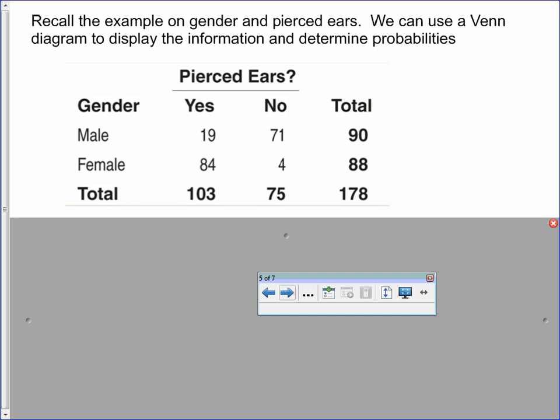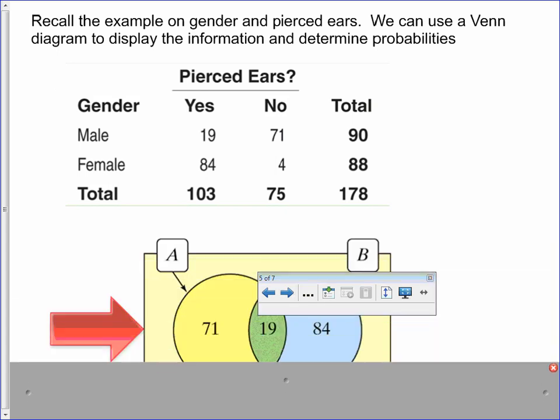So I said anytime we get a two-way table, we're going to want to put this information into a Venn diagram in order to see the probabilities. We had an example in class last time where we were looking at whether it is more likely for males or females to have pierced ears. So let's create a Venn diagram to show this information.